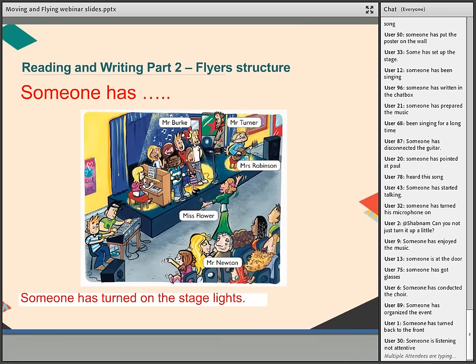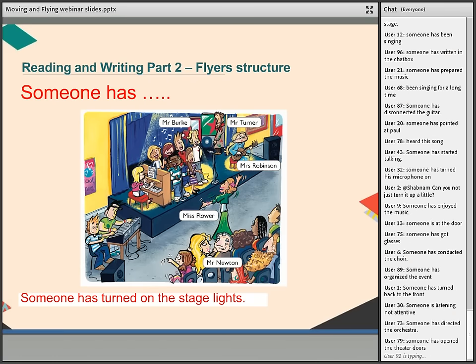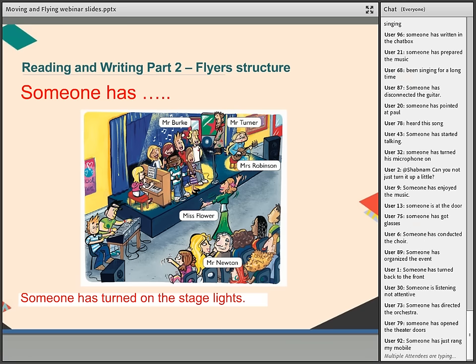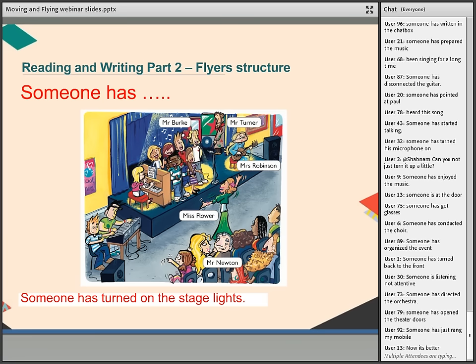These kind of sentences are usually talking about events, the actions that have happened before the moment that this photograph was taken, or this picture was frozen in time, if you like. So it's things that have happened before the event rather than things which are happening in the picture.